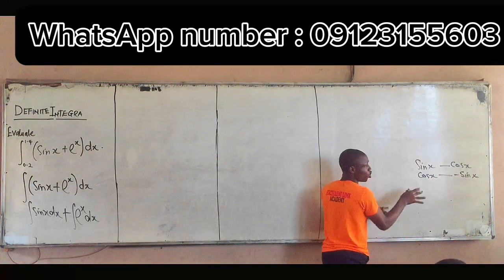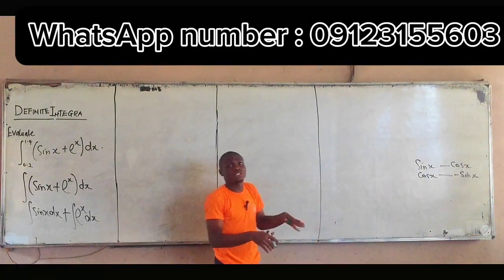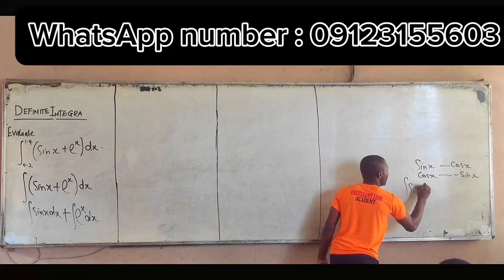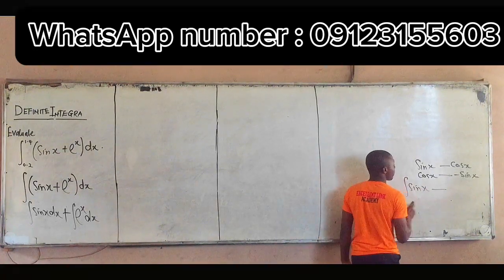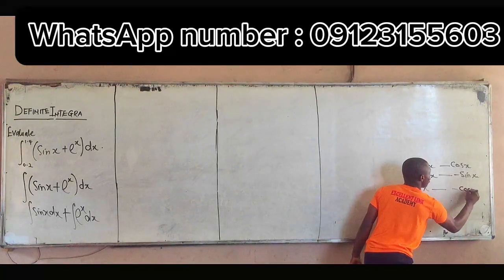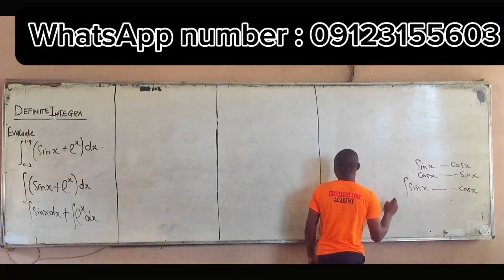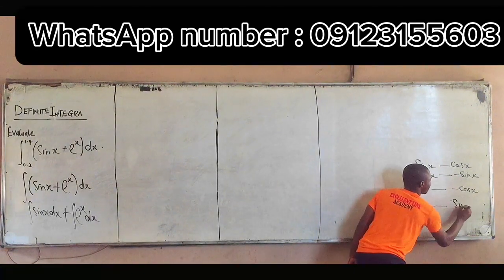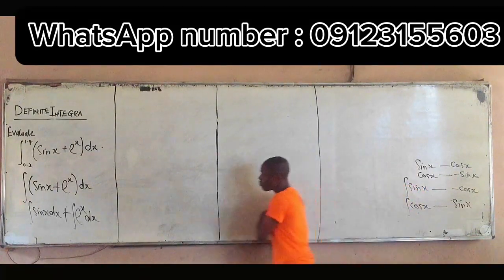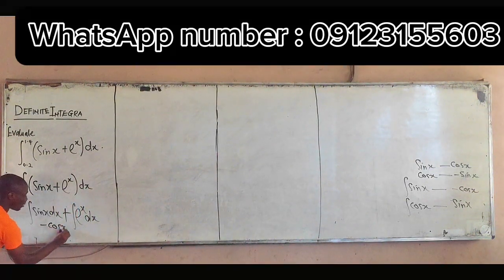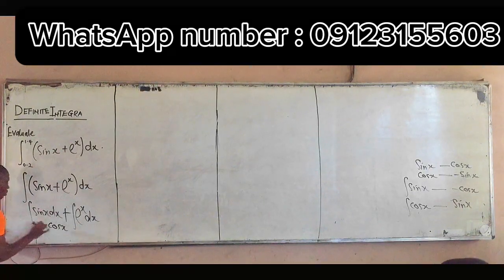Integration is the reverse. So the integral of sine x is minus cos x. If I integrate cos x, I'll have sine x. So if I integrate sine x, I'll have minus cos x. I'm done with this one.